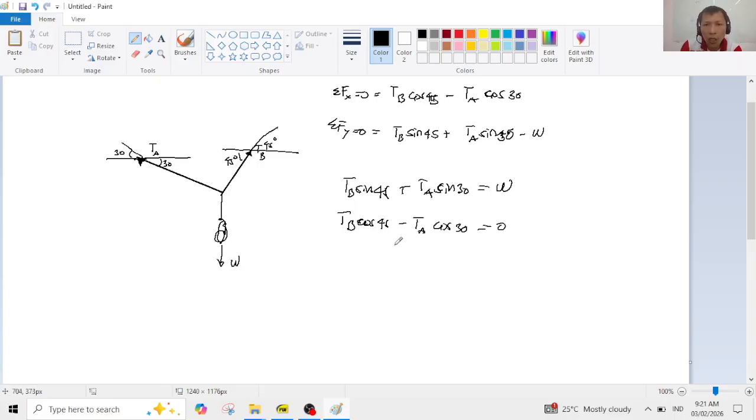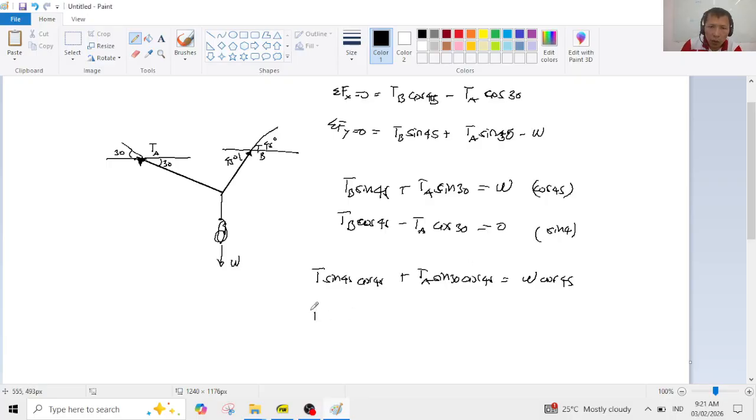I can multiply this by cosine 45, and this one by sine 45, so that I can eliminate TB. So it becomes TB sine 45 cosine 45 plus TA sine 30 cosine 45 is equal to W cosine 45.